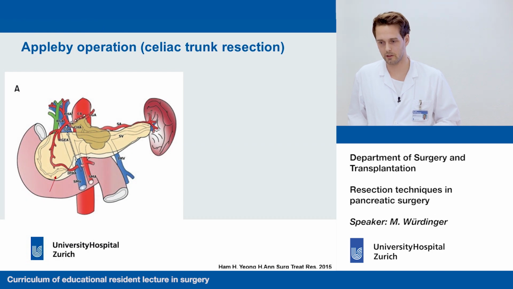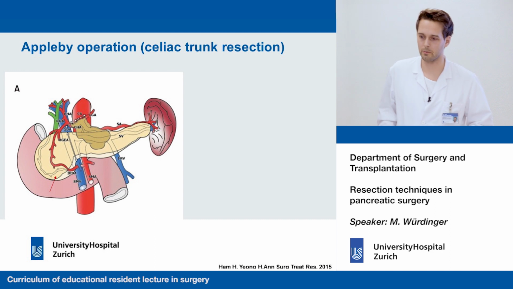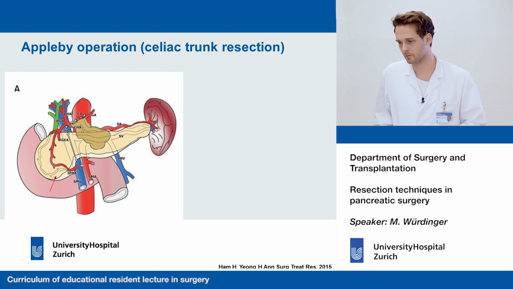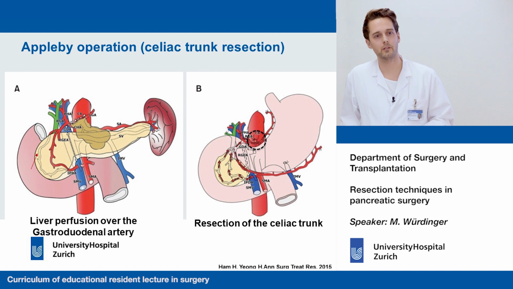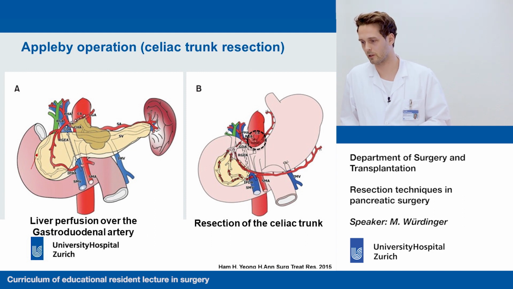Here's a scheme again, and we see that these arteries in the head of the pancreas supply the blood flow to the liver. And then in a second step, the resection of the distal pancreas with the tumor and the celiac trunk can be performed.